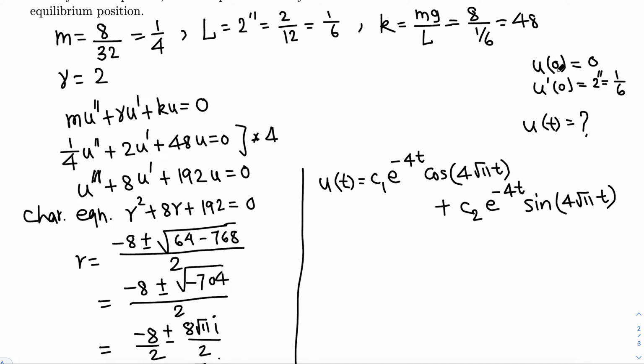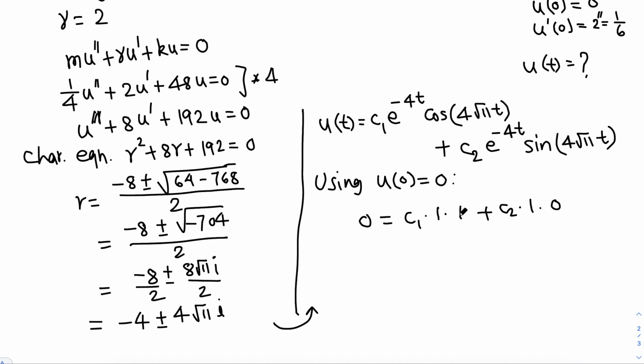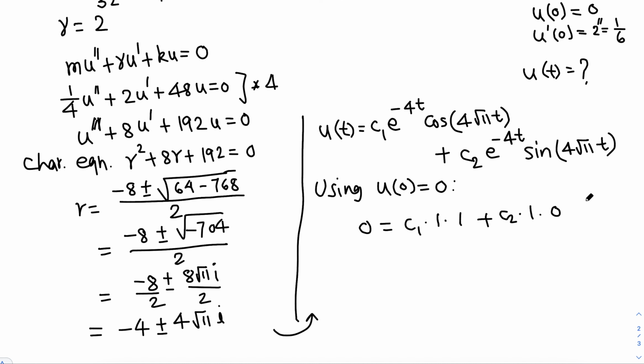So let's use u of 0 equals 0. The initial displacement is 0, so this is 0 when time is 0. So C1 times e raised to 0, which is 1, times cosine 0, which is 1, plus C2 e raised to 0 is 1, sine 0 is 0. So this is simply 0 and this is C1. So 0 equals C1.